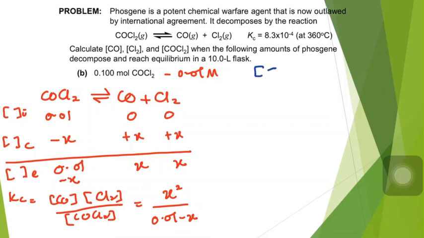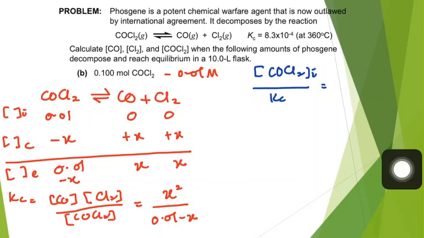So the initial concentration of the COCl2 divided by the Kc is equal to 0.01 over 8.3 times 10 negative 4, which is equal to 12.